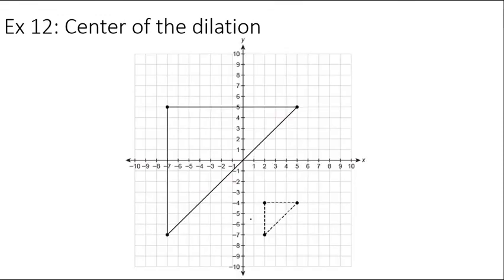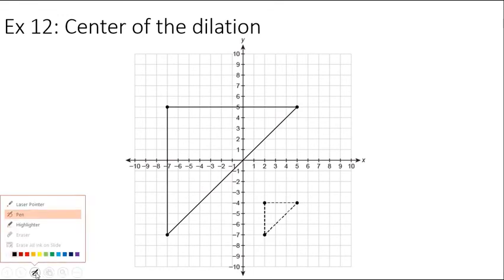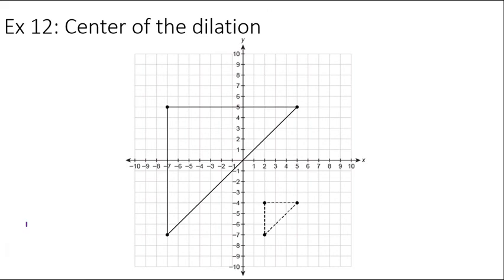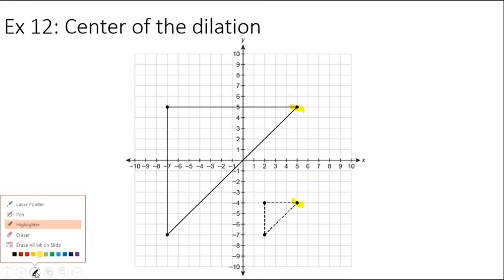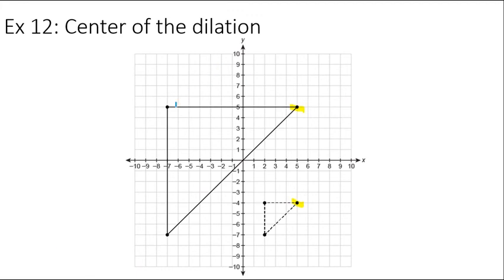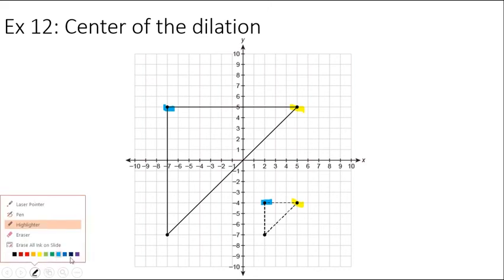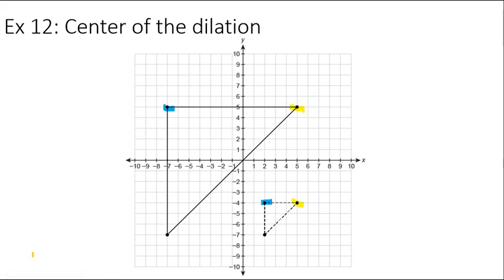And then last example, again here. So this point and that point correspond. This point and that point correspond. And then this point and that point correspond. So I'm just going to connect them.